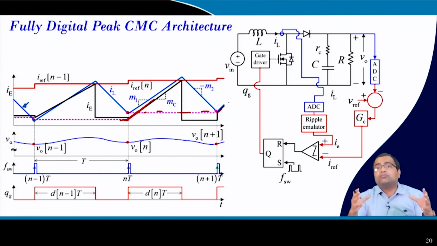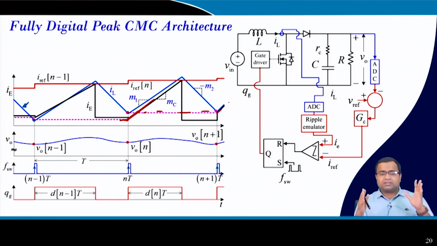By that way we can implement fully digital current mode control, and there is a lot of literature, and in future we may come up with something like a review of all these architectures, but for the time being, different types of architectures are available and they have various stability requirements, which are fundamentally different from analog current mode control.